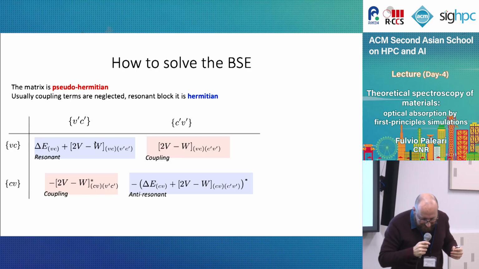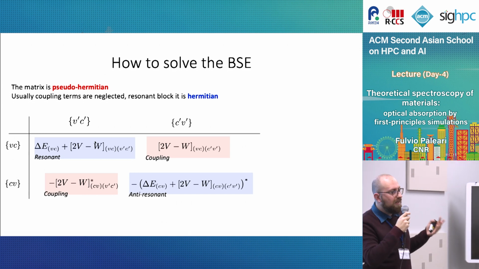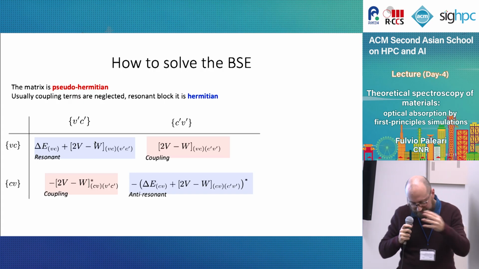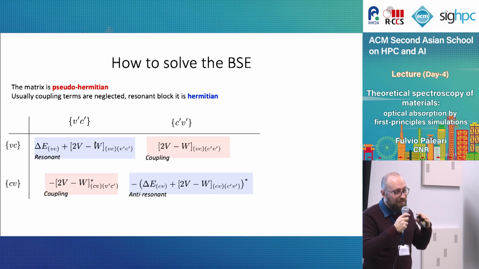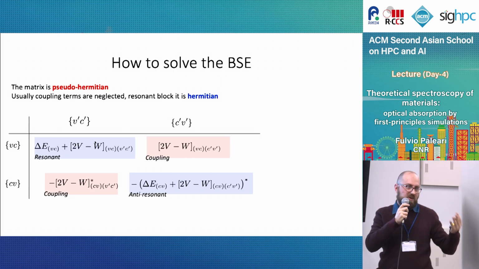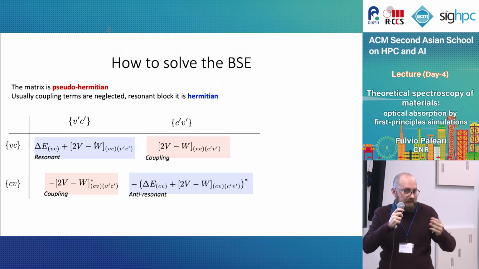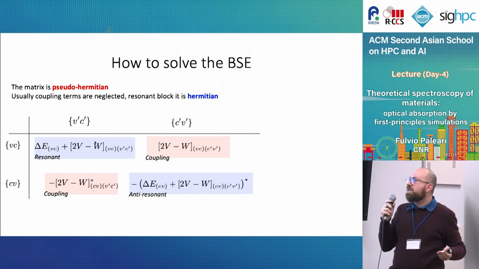One interesting thing is that this matrix is not Hermitian. It's actually pseudo-Hermitian, which basically, in this case, means that the eigenvalues are still real. But the left and right eigenvectors are not orthogonal, and they're not the conjugate transpose of each other.